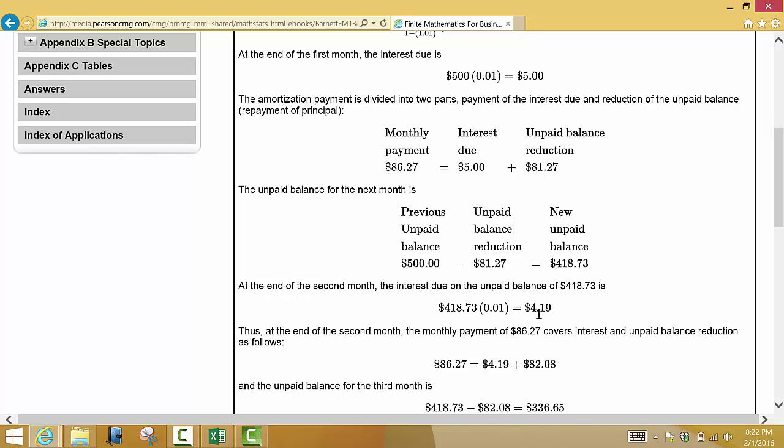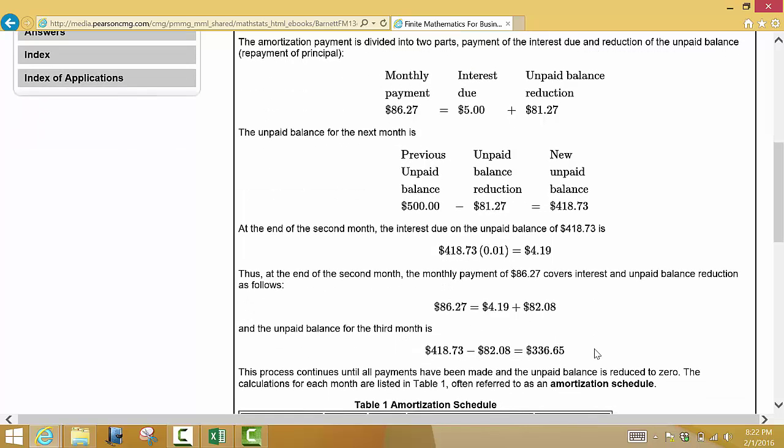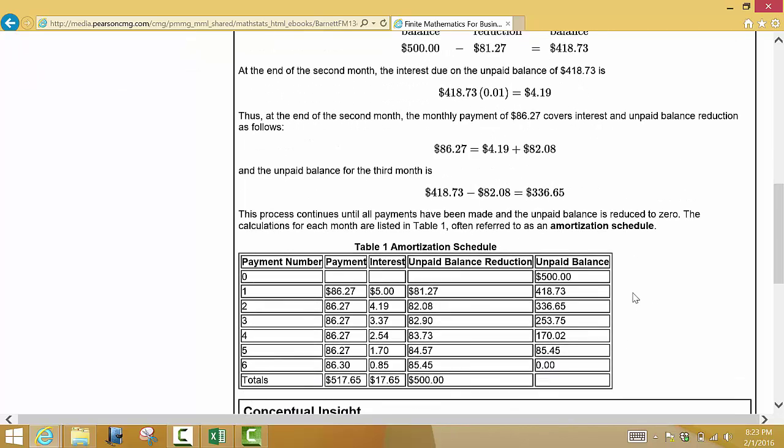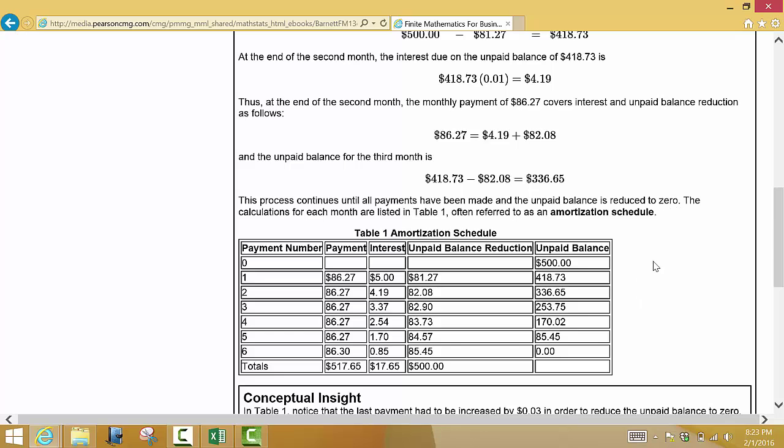So 1% of the unpaid balance, this next payment will have $4.19 of interest, and whatever's left over from that fixed monthly payment will go toward the unpaid balance. So we're going to reduce that unpaid balance by $82.08, and this is what we have left to pay off, $336.67.